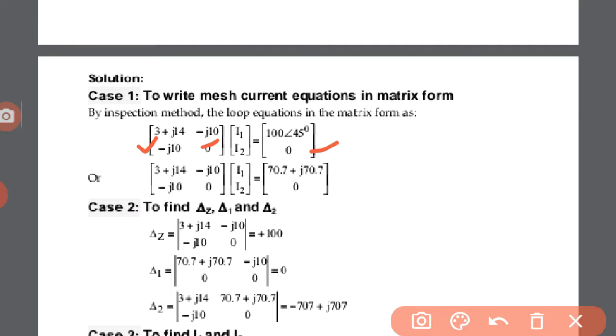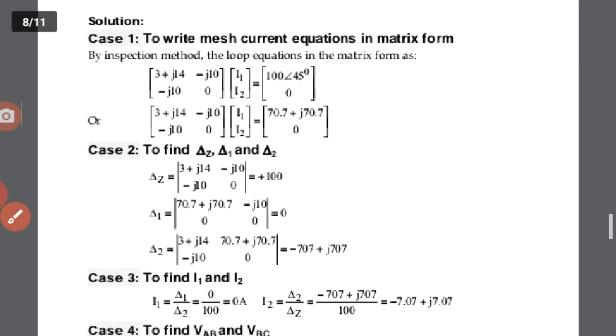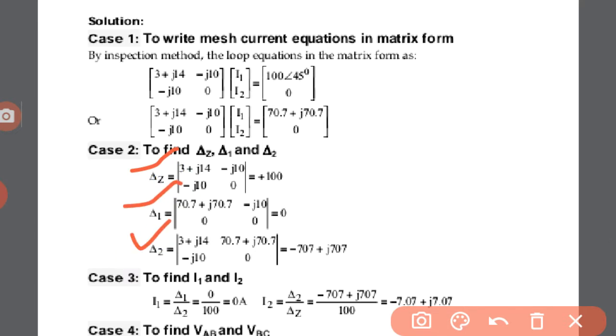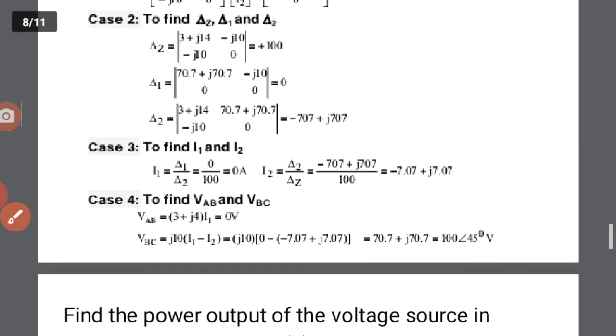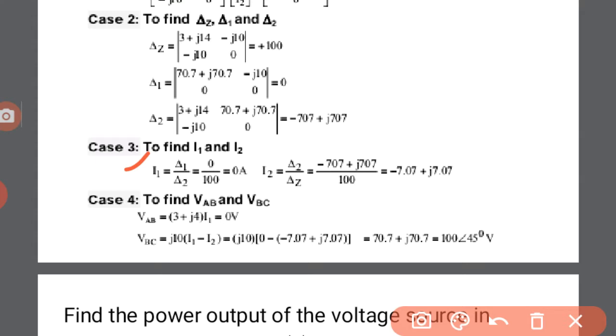Next, we have to find the values of delta 1 and delta 2. After that, we find the current: I1 is equal to delta 1 by delta, which is equal to minus 7.07 plus J7.07. From that, we find the value of VAB. We already know VAB is equal to (3 plus J4) into I1, where the I1 current is 7.07 plus J7.07.